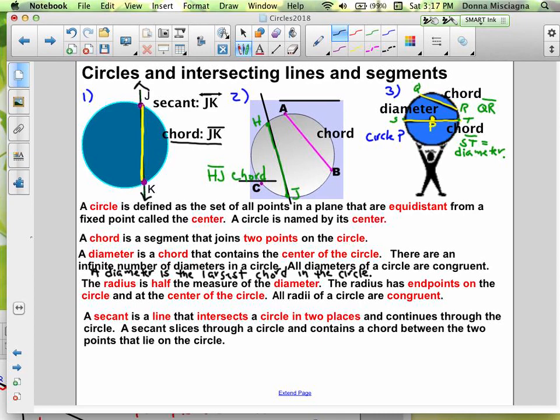The radius is half the measure of the diameter. A radius has endpoints on the circle and the center of the circle. All radii of a circle are congruent. So if ST is a diameter, then segment PT is a radius.